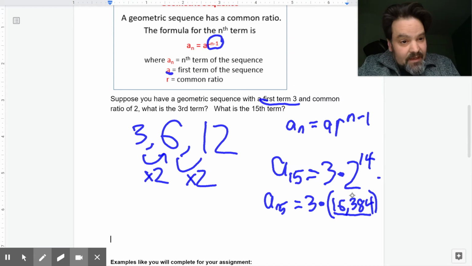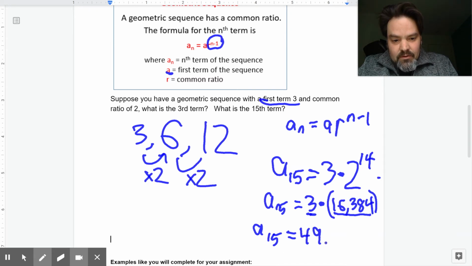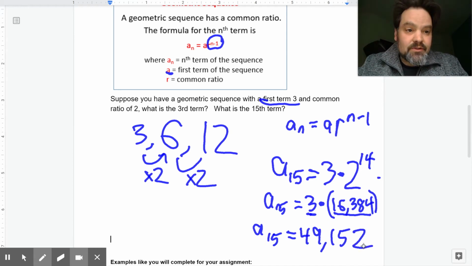So all that remains is to multiply that 16,384, which again, 2 to the 14th power, I solved with a calculator, by 3. So therefore, the 15th term is going to be 3 times 16,384, which is going to be equal to 49,152. Again, you can just go ahead and use your calculator to do this.